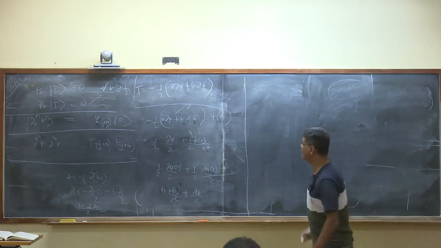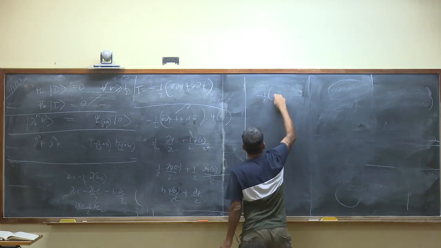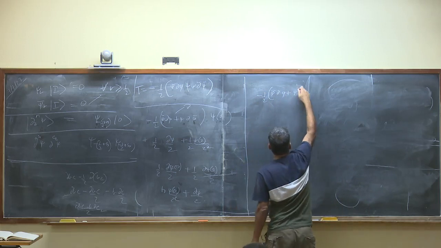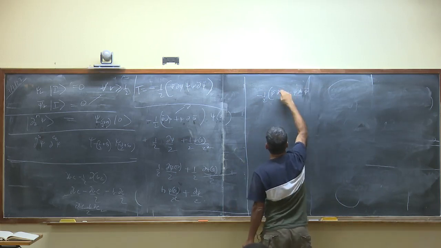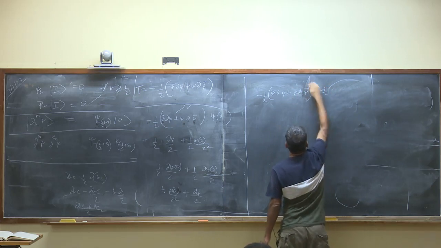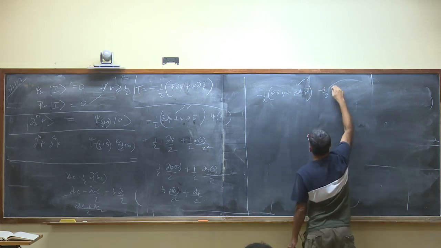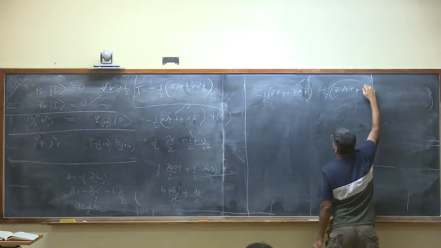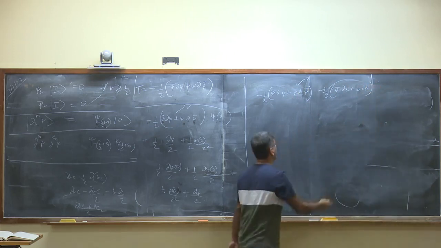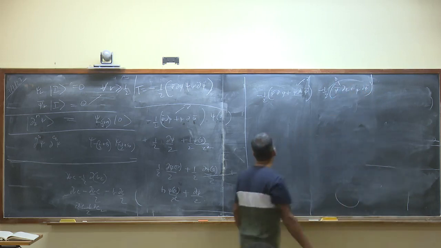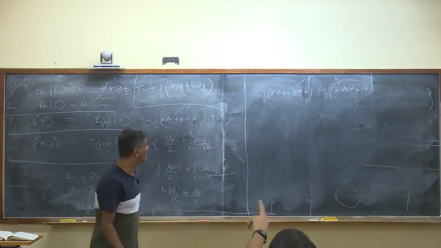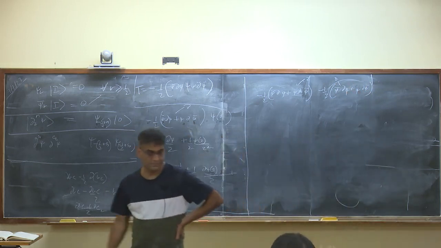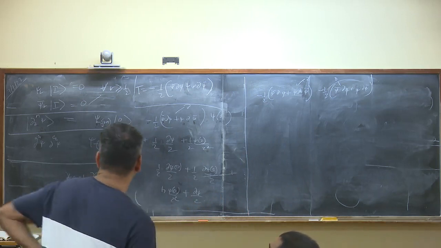Last manipulation, let's try minus half psi bar del psi plus psi del psi bar with minus half this at z and this at 0. Psi bar del psi plus half psi del psi bar at 0. Definitely in the expression of T for the psi on shell side, the first term shouldn't vanish.